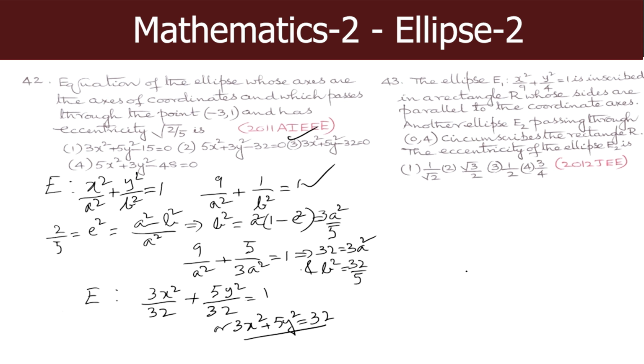So, here this is inscribed in a rectangle R, with major axis of length 2 into 3, semi-major axis 3, the center, this is 3 and this is 2. So, this is the point (2, 3) as before, and this is E1.